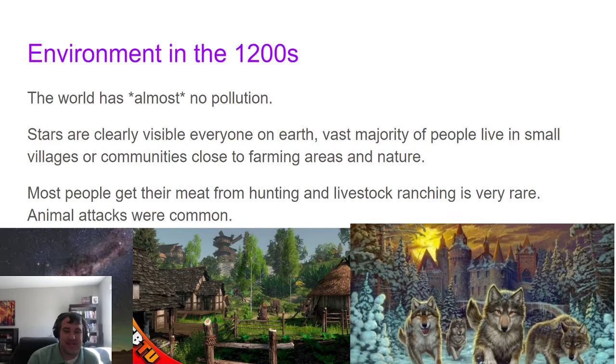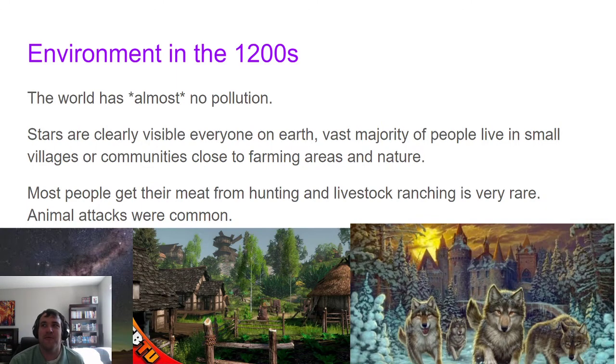A lot of people don't actually do livestock ranching during this time. Maybe you have a couple chickens. Are chickens livestock? I don't really think so. Most people get their meat from hunting, because you've got so much nature and so many animals out there, so hunting isn't going to be a problem.